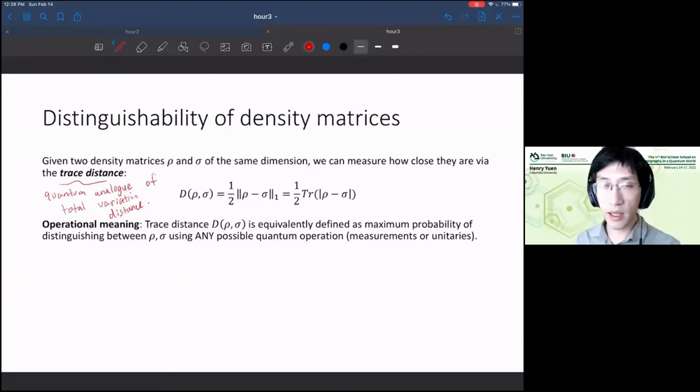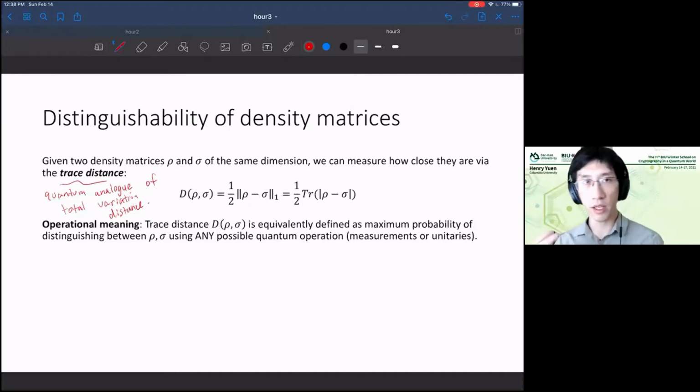But there's also an equivalent definition, which is very nice to think about, in that it has an operational meaning. The trace distance between any two density matrices represents the maximum probability of distinguishing between these two density matrices using any possible quantum operation. Just think of it as you can apply any quantum circuit you like.